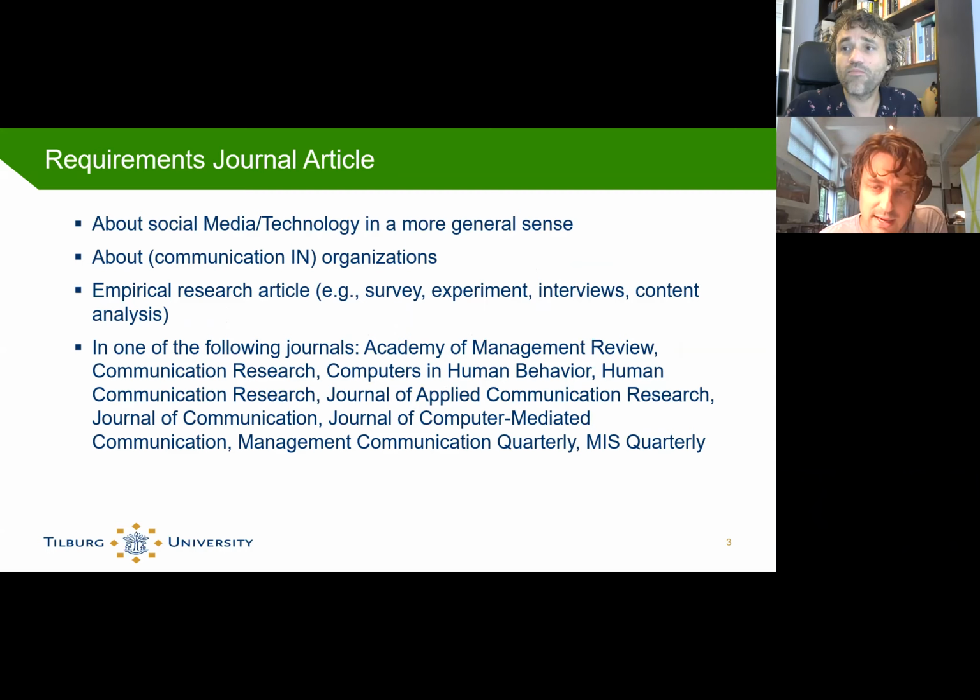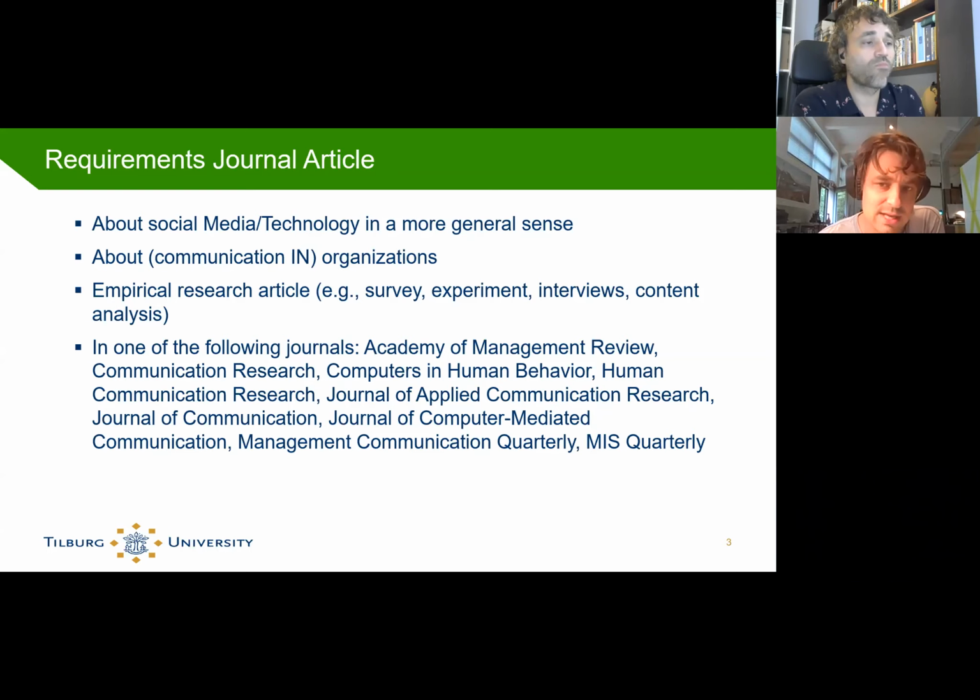And when you do so, we want you to keep the requirements on the sheet in mind. So first of all, with regards to the topic, it obviously has to be about social media, and also it has to be about at work. So it has to be about organizations and the communication within organizations.